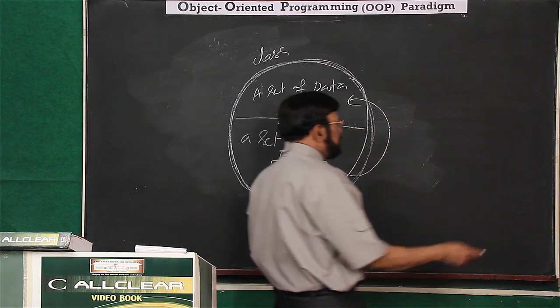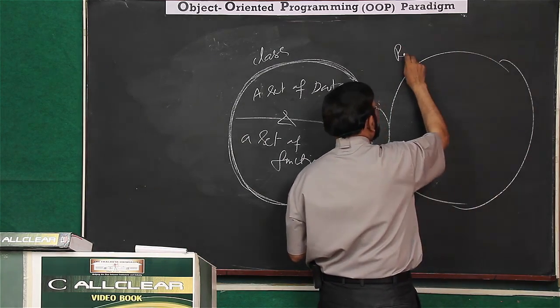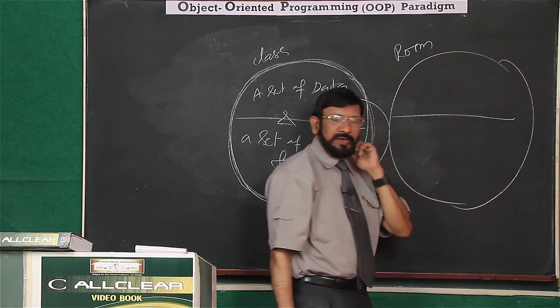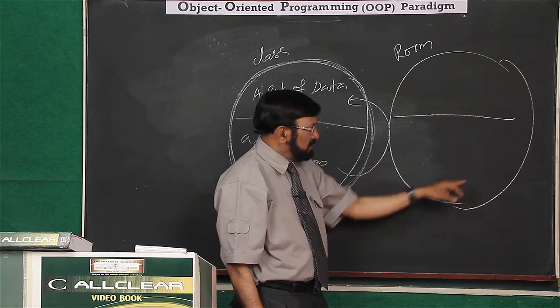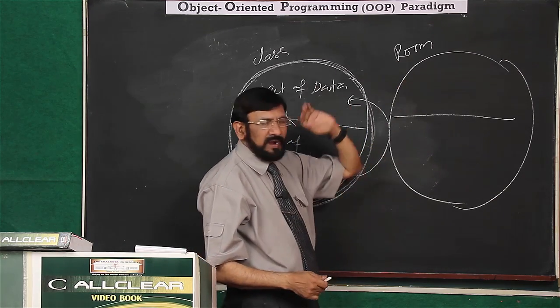Now, one example you take. This is the room class. The room class is made as one unit, is encapsulated as one unit. Hereafter, this is called room.